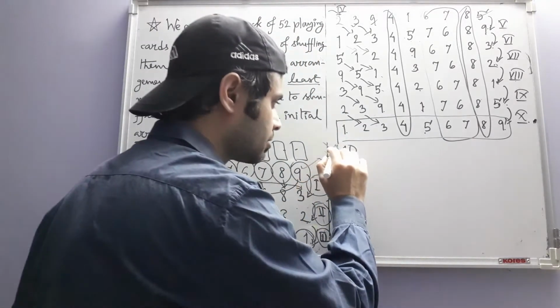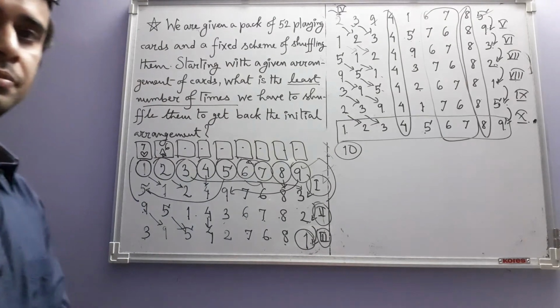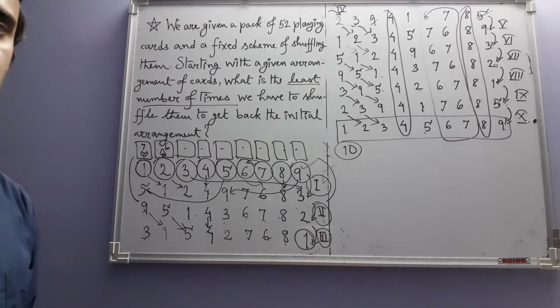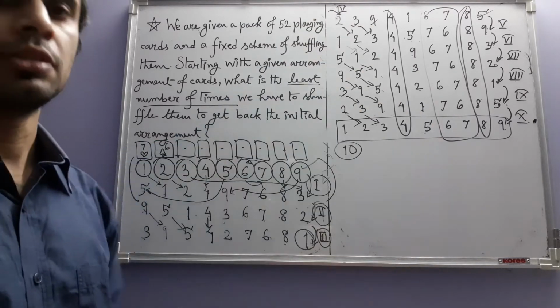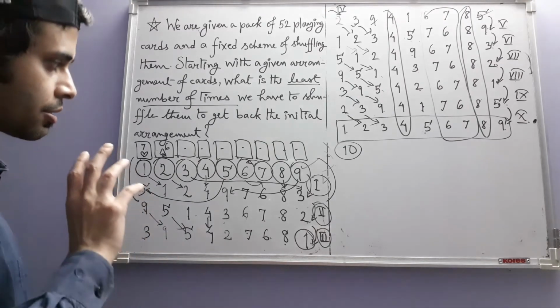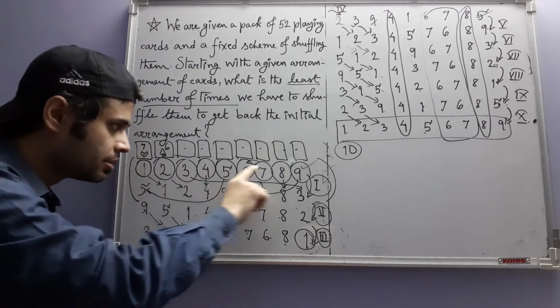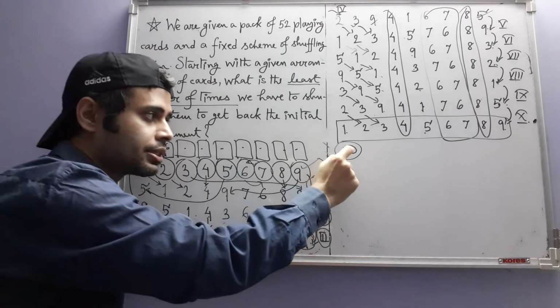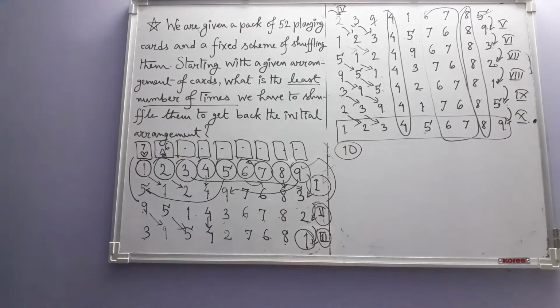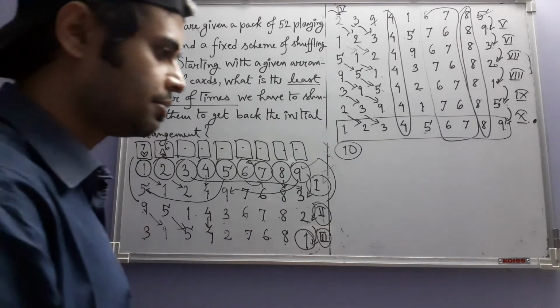But what is this number 10? We are not concerned about that. We want to be able to find the number 10 without doing all these things. There should be something in this shuffling scheme that will tell me that this number is 10. We want to find that, right?